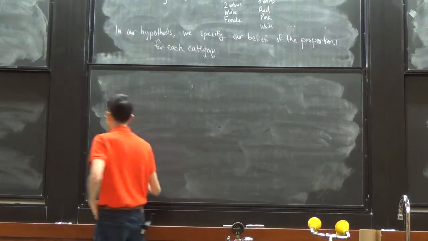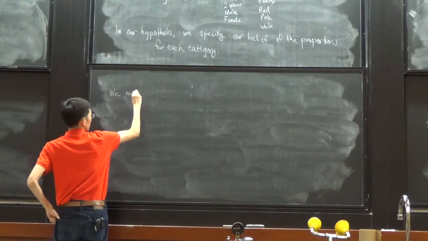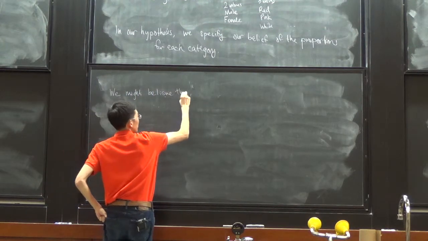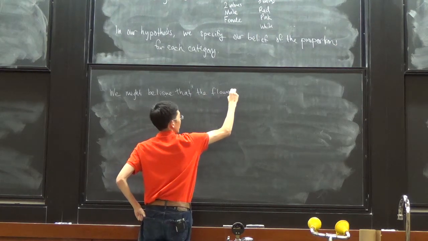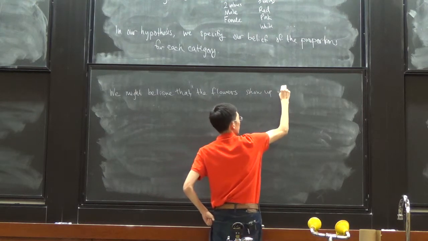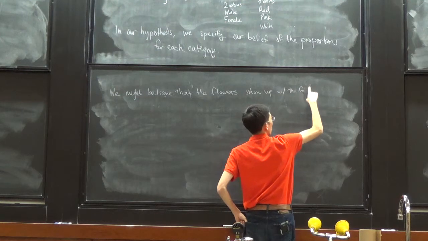So maybe we might believe that the flowers show up with the following proportions or probabilities.